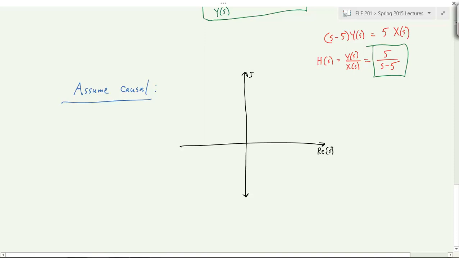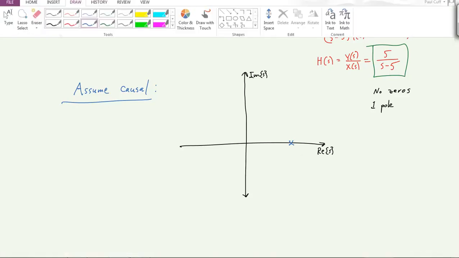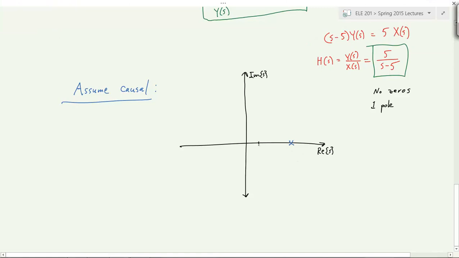We've got no zeros, one pole, and that pole is right here. We'll use an X to mark a pole, and that's at s equals 5. I'll just mark 1 so we get a sort of scale there.